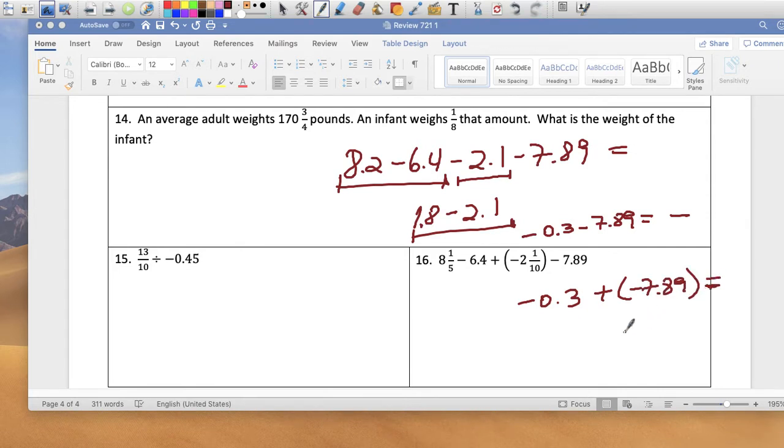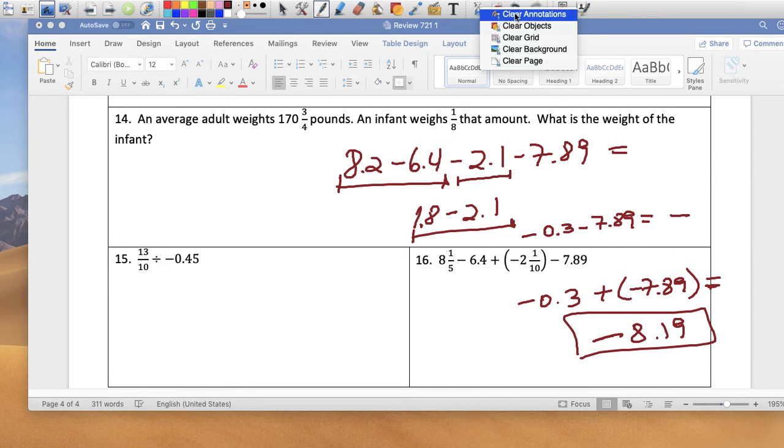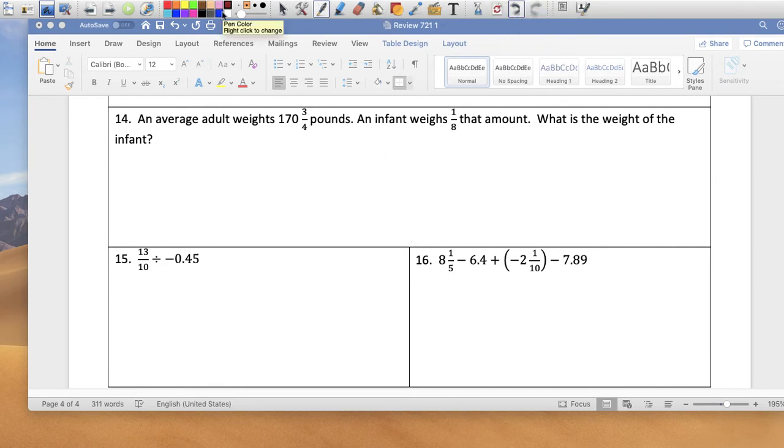They're both negatives, adding, so we're going to get a negative answer. 7.89 plus 30 cents is what? 8.19. Okay. That's it. And again, you should be more than fine if you're comfortable with all these.